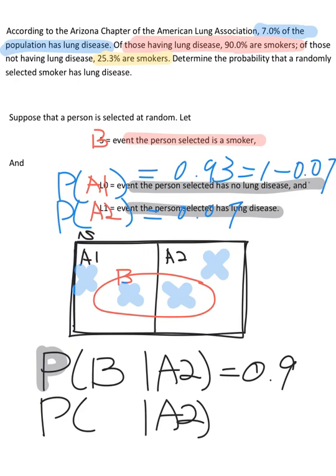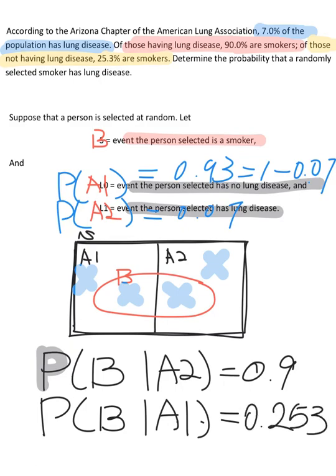I was wrong. Of those who do not have the lung disease. So I have to correct: given A1, then the conditional probability of B, smokers. Still, I don't have the lung disease, but 25.3% of them, they are smoking. It's good? 0.253.